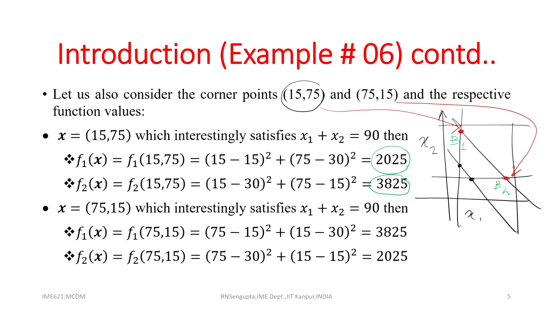Interestingly, when I switch from B 1 to B 2, so these were the B 1 corner points, B 1 led to this. When I switch to B 2, the corner point, as you remember, is given by 75, 15, and the values we get corresponding to f 1 and f 2, putting x 1 as 75 and x 2 as 15, are very interestingly just interchanged.